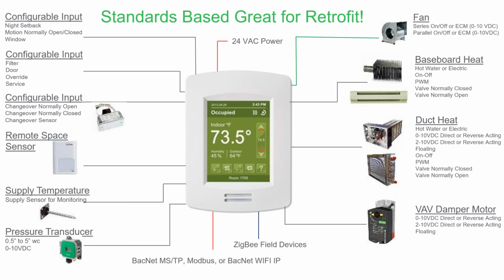Temperature sensors, pressure transducers, fans, and again, that example there shows that we can do that with ECM, or we can do that with on-off type control or 3-speed fan control. Baseboard heat, duct heaters, and then the damper actuators, right? So it's pretty inclusive from the sense of hardwired input and output, all coming back to this device with these devices mounted out in the field to be able to control a VAV box.